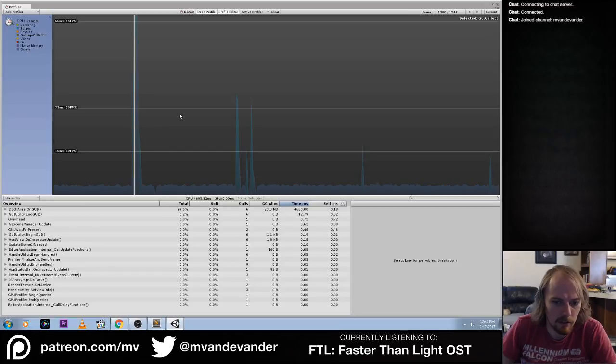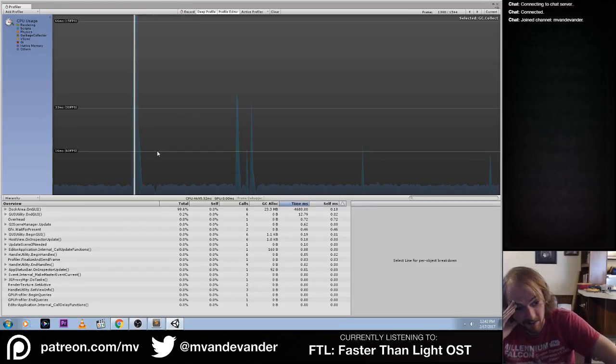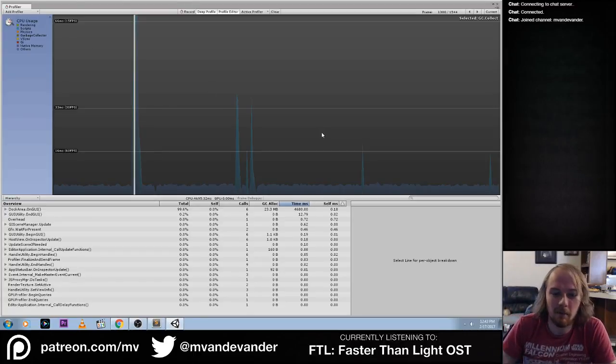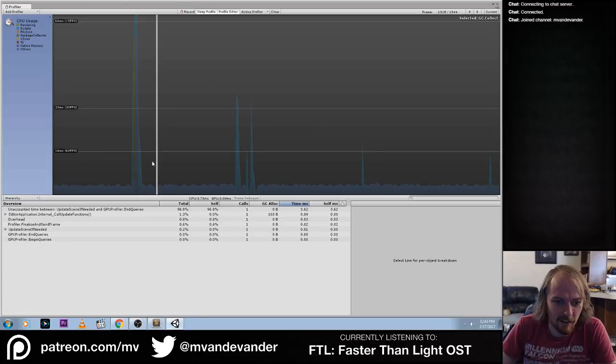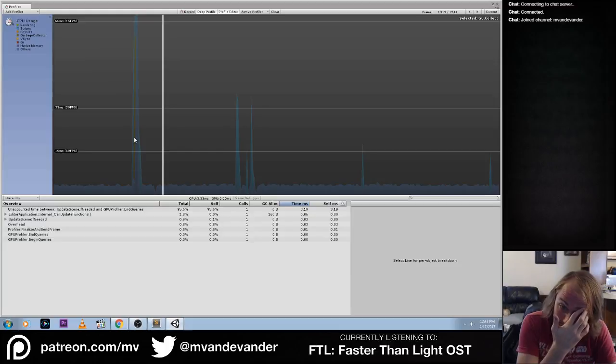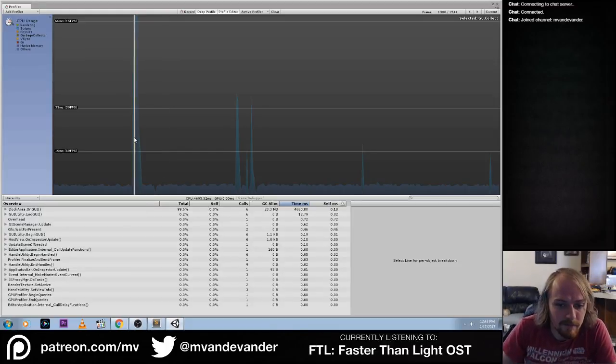Oh my gosh. Is that too much for the profiler? They really got to work on this profiler. I'm sitting here trying to optimize stuff, and their profiler can't handle the amount of whatever is in that frame. I don't know why, but it can't handle it.